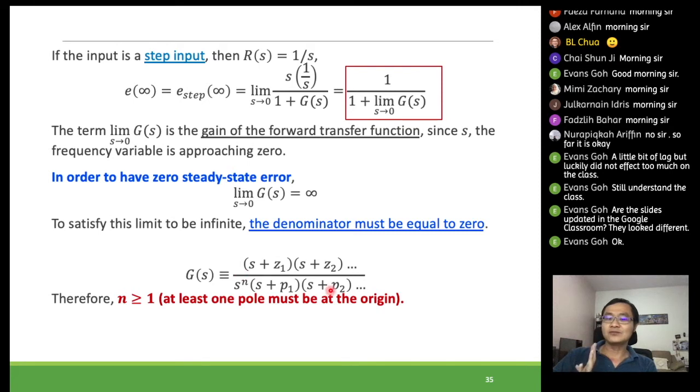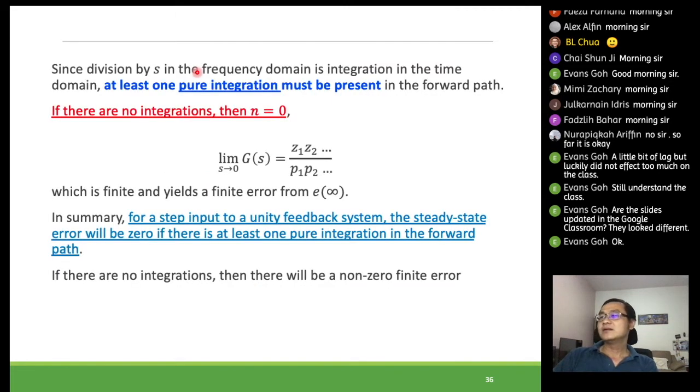Our interest would be in this part; the rest we are not actually interested in. The part of interest is this s to the power n. For us to get a zero steady state error, the n must be at least 1, and that would satisfy our condition to get a zero steady state error when a step input is given to the system.